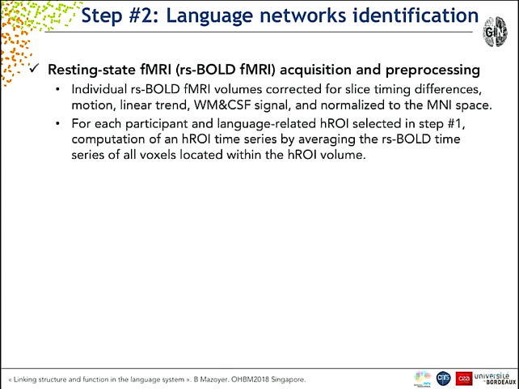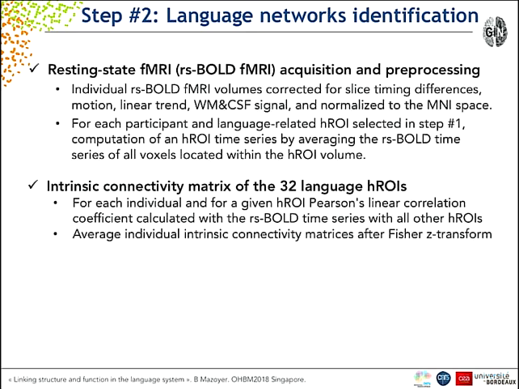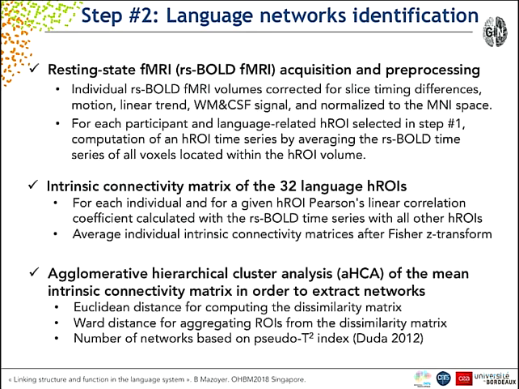Recall that each of these regions are AICHA regions, so they already have an internal consistency in terms of connectivity with the other hemisphere. And then we will build the intrinsic connectivity matrix of these 32 areas, and we will just apply agglomerative hierarchical cluster analysis on this matrix, to try to extract from these 32 areas groups of regions with similar time patterns during resting state.